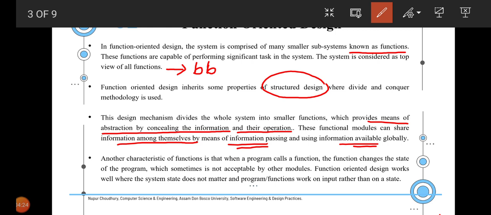Another characteristic of function is that when a program calls a function, the function changes the state of the program, which sometimes is not acceptable to the other modules. So function oriented design works well where the system state does not matter and the program or functions work on input rather than on the state. Now suppose there are two different functions which are trying to modify the same database table.